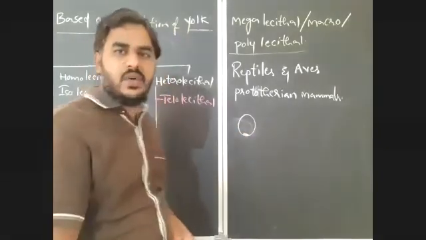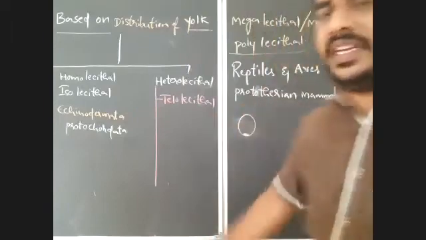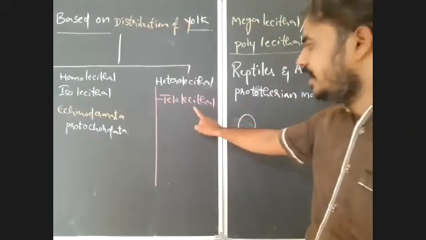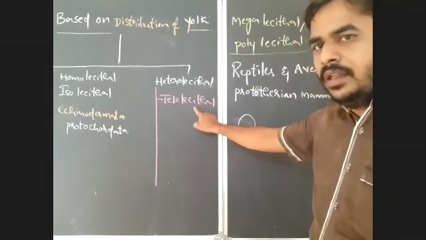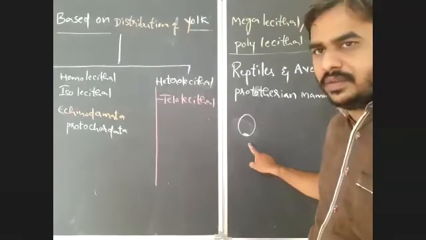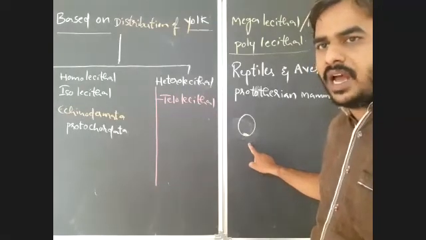Yolk is present only at one end. So that is telolethal egg. In the telolethal egg, the yolk is distributed only at one end, or only at one pole.